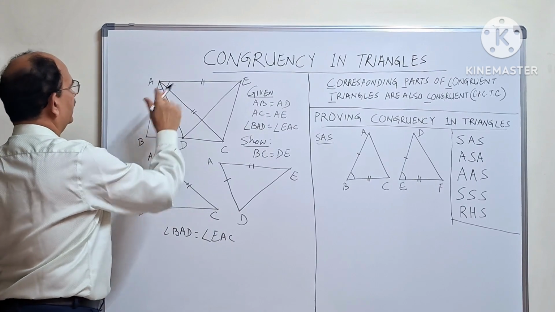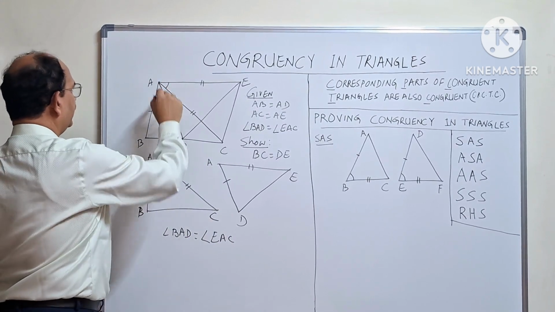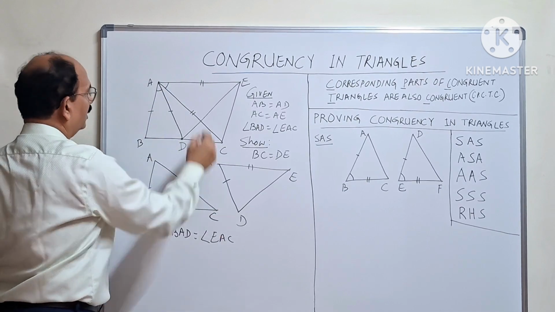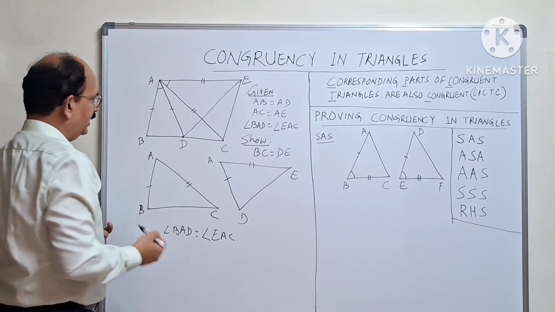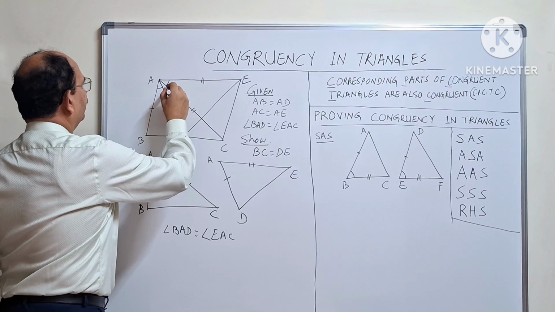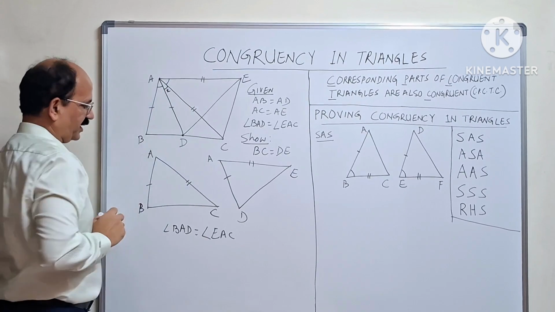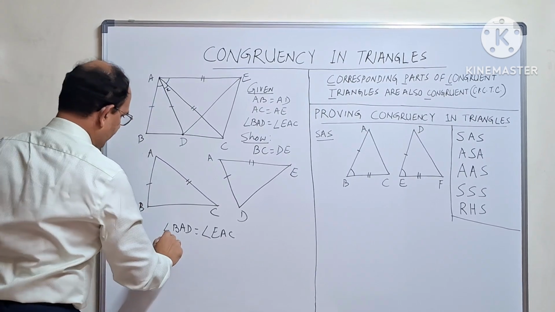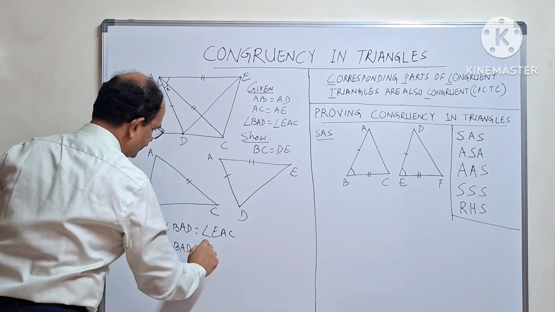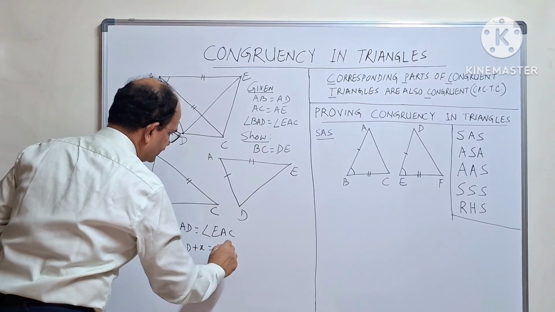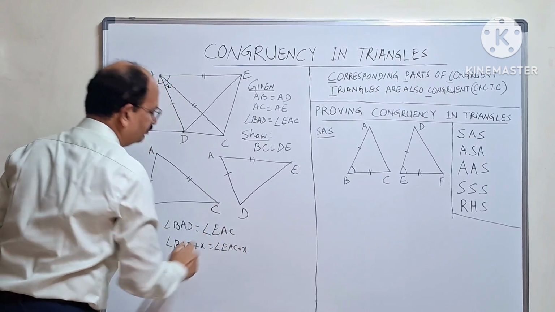Look at this triangle, BAD, this angle, is equal to EAC, this angle. If we take this angle as X, can I write angle BAD plus X is equal to angle EAC plus X?